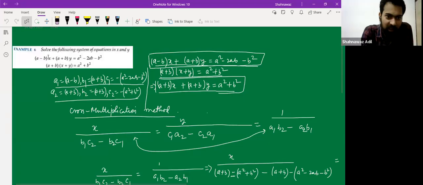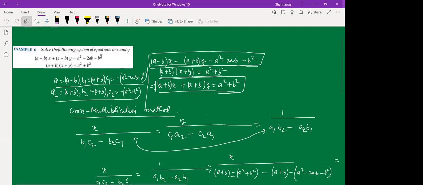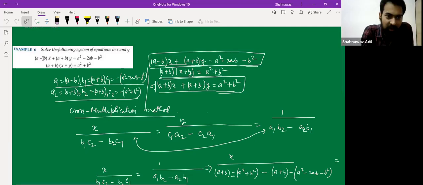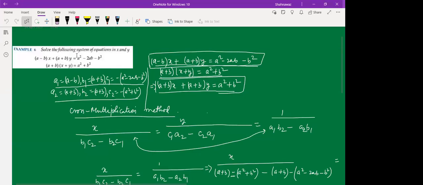So for this equation, what is A1? A square. So for this equation, A minus b x plus A plus b y is equal to A square minus 2ab minus b square, right? So what is the coefficient of x? That is the A1, right? So the coefficient of x is A1, right? So what is the B1?